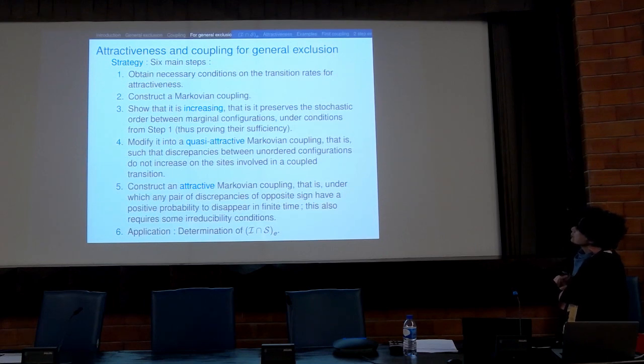With this first coupling, we keep the stochastic order, but we want more. We want to look at discrepancies. So we modify the coupling in such a way that the discrepancies do not increase. But then we need more. We need the discrepancies to decrease. So we have to construct a third coupling under which discrepancies will decrease, and then we can end up and prove the extremal invariant and translation invariant result.